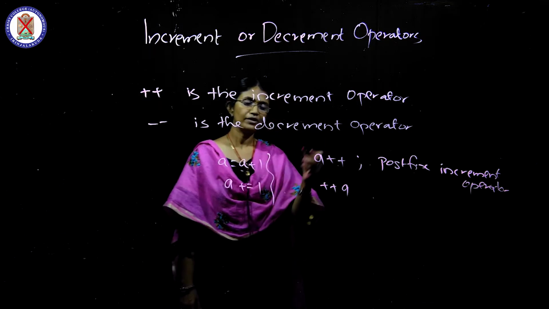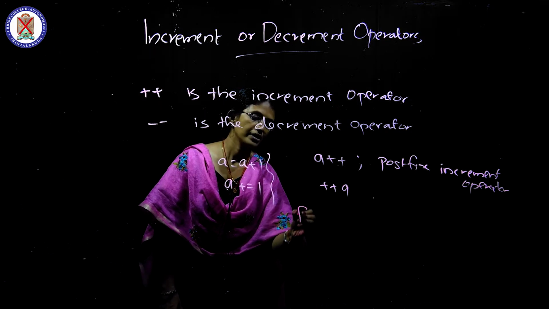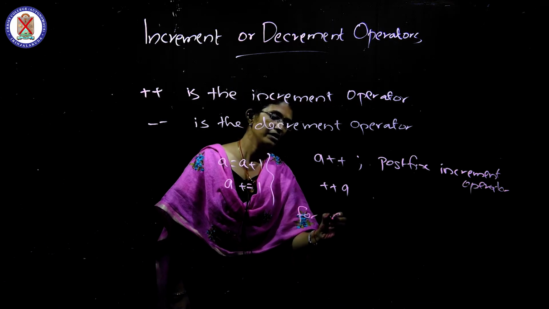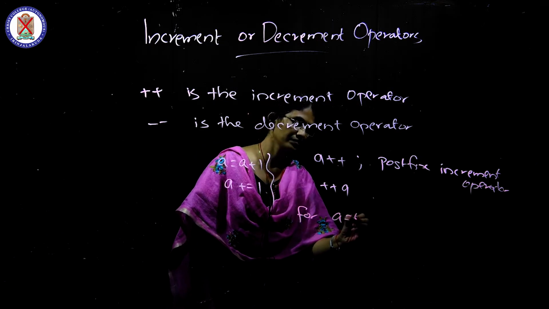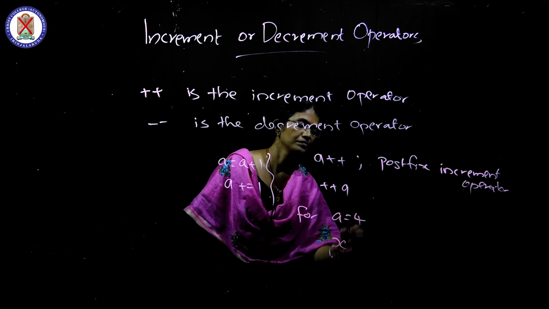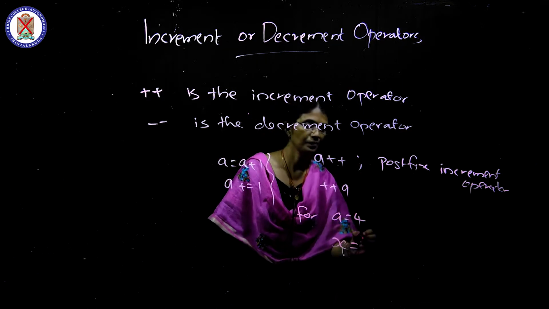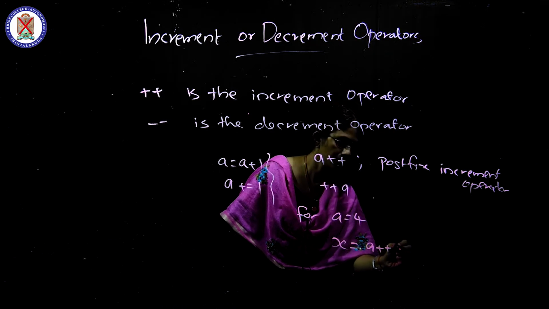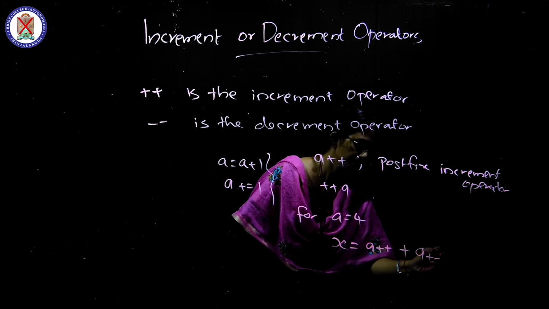For example, if I have a as 4 and we are assigning x equal to a plus plus plus a plus plus.